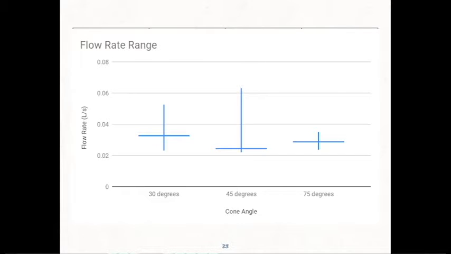This graph shows the different ranges, with the horizontal line being the optimal water bell flow. It is interesting that even with this slightly wide range for different angles, one could use a flow rate of 0.03 liters per second and form a water bell for all of them.